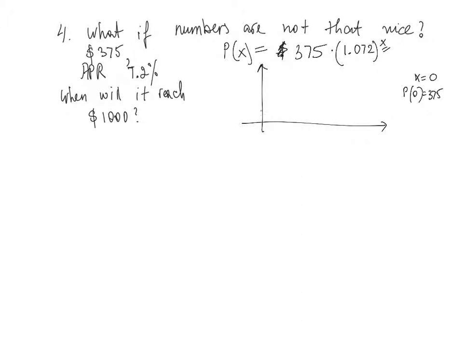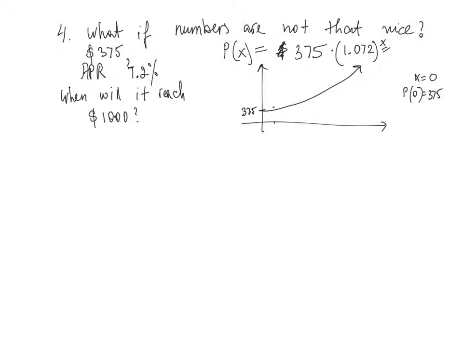So this is your initial amount, 375, and then it just grows. Okay, 7.2% a year. So let's say if this is 1 year, the amount goes just a little bit up by 7.2%. But I'm not going to do it to scale. I'll just draw some exponential curve, not too steep.